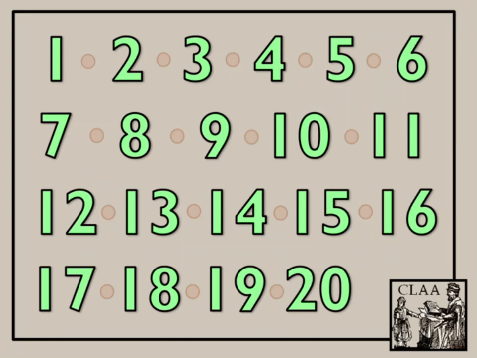Point to each number and read it aloud with me. 1, 2, 3, 4, 5, 6, 7, 8, 9, 10, 11, 12, 13, 14, 15, 16, 17, 18, 19, 20.